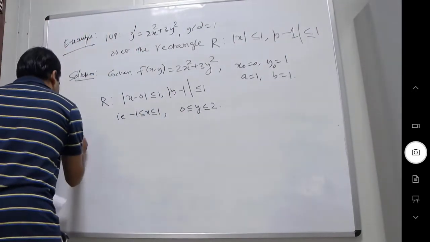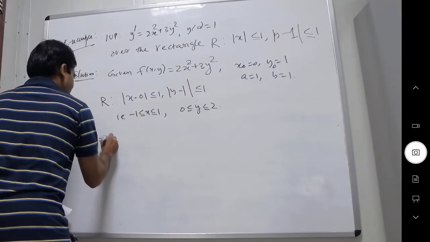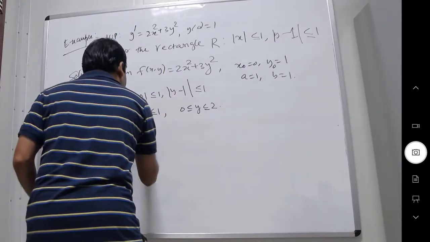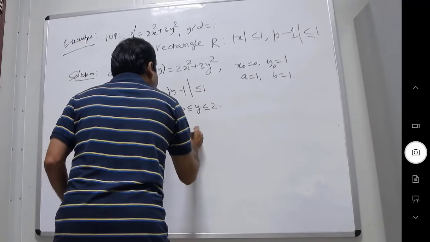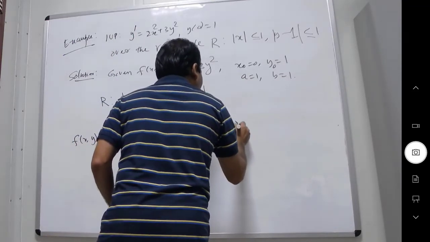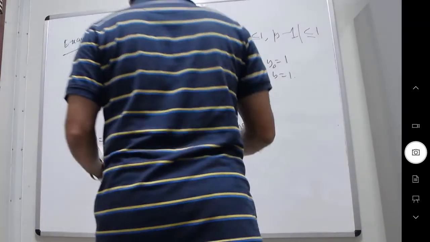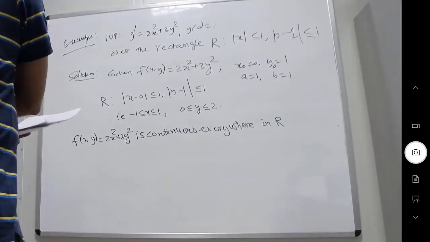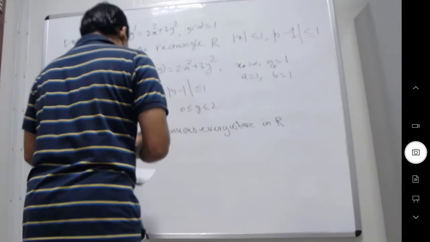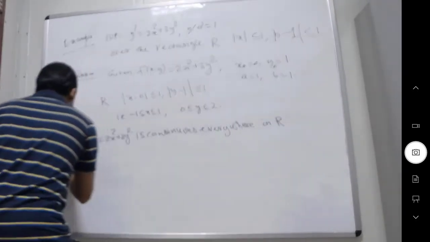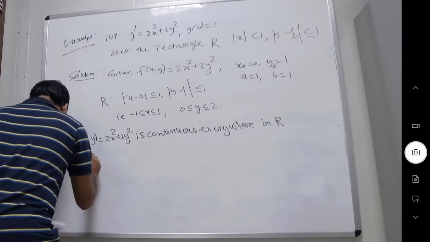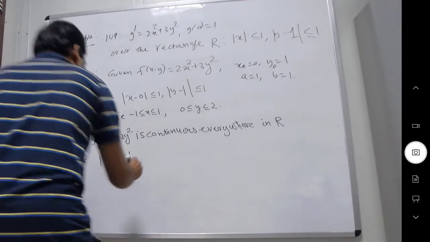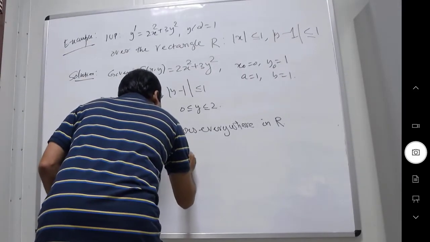So now f of x y, which is equal to 2x square plus 3y square, is continuous everywhere in R. Further, we need the M, so you calculate mod f of x y, which is mod of 2x square plus 3y square.